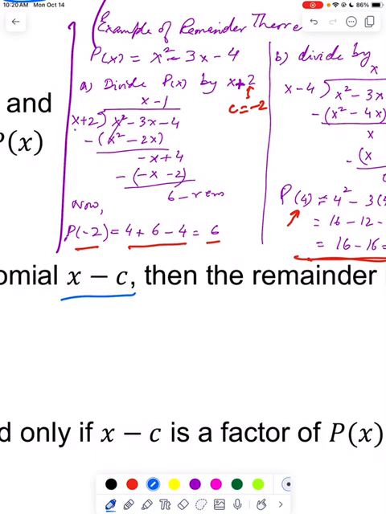So I divide here and I am getting a remainder of 6 down here. Now if I take the c value and plug it directly in the polynomial, so find p of minus 2 and plug in the polynomial, I end up getting a 6. So note these two are the same. That's what the remainder theorem is saying.